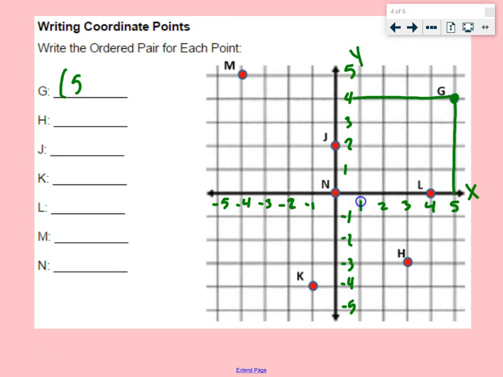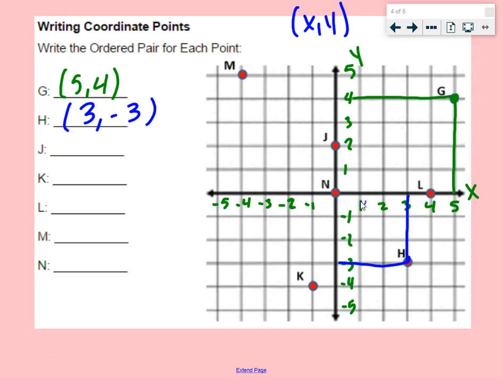So we would say (5, 4). H, remember, coordinate points go x, then y. Point H right here, it's at 3 on our x-axis and negative 3 on our y-axis. So (3, -3).